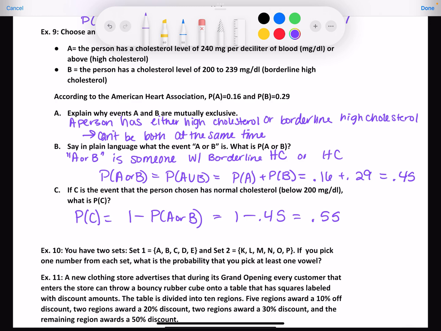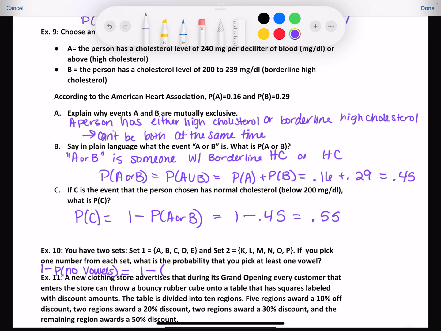What is a complement? It's 1 minus the probability of no vowels. So it's going to be 1 minus, and in parentheses we multiply these two numbers.